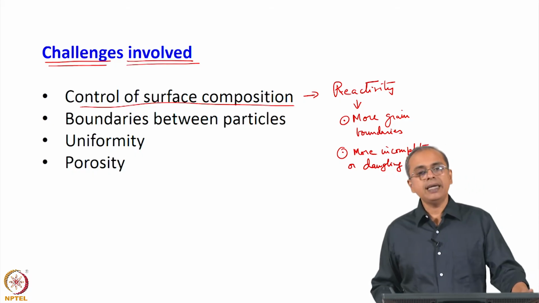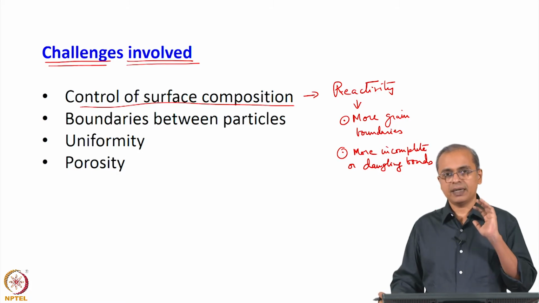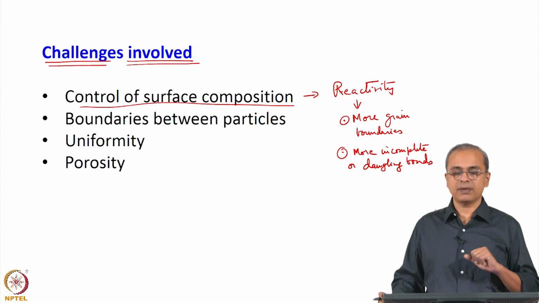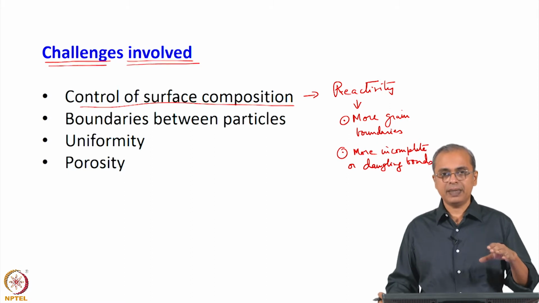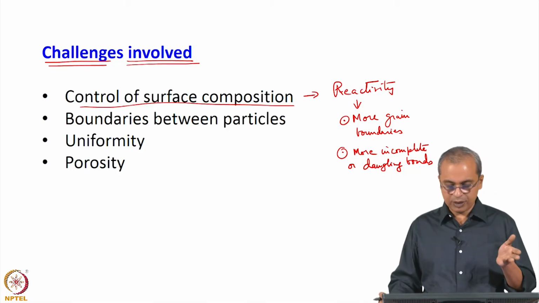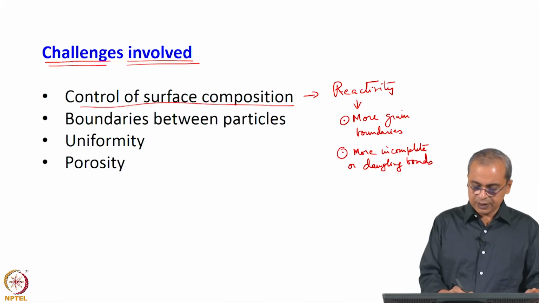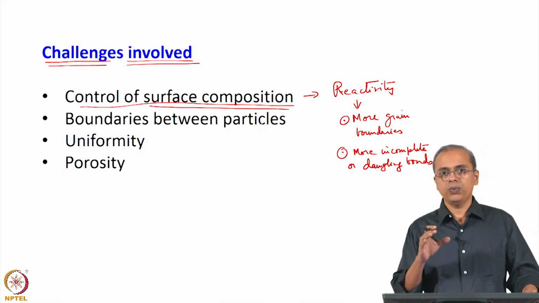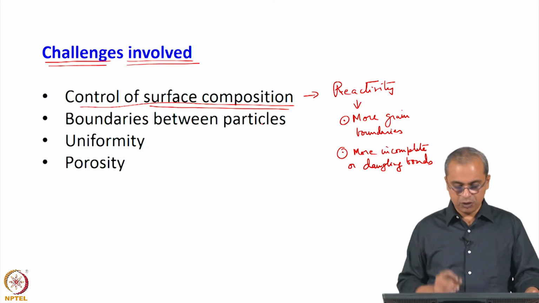So, therefore, any nanocrystalline material by nature is very reactive, and so even particularly during the synthesis process where maybe you are under temperature conditions where it can more easily react with various other constituents, you can create a situation where you are trying to make a bulk material of a certain composition, but what is formed is a bulk material of some other composition, maybe it has got an oxide layer or some other such thing is happening. So, control of surface composition is a challenge which you face when you have nanocrystalline structure as opposed to when you have microcrystalline or macrocrystalline structure.